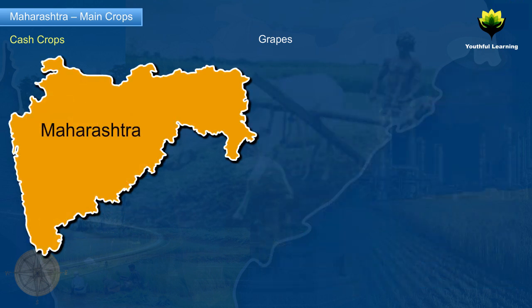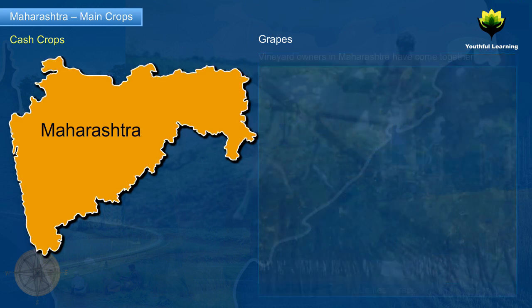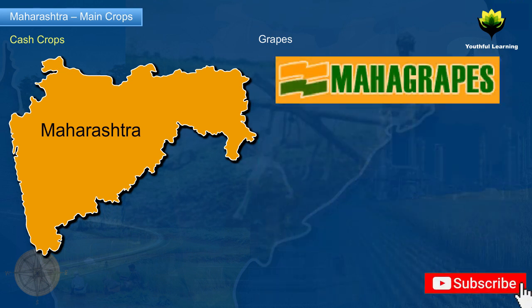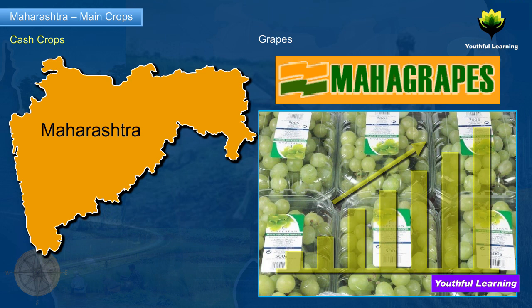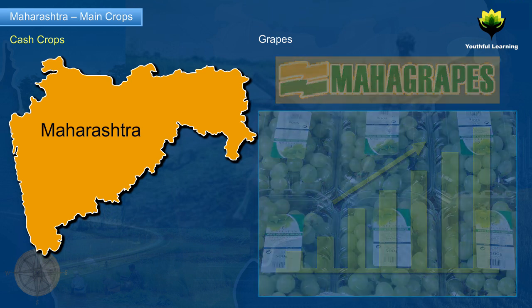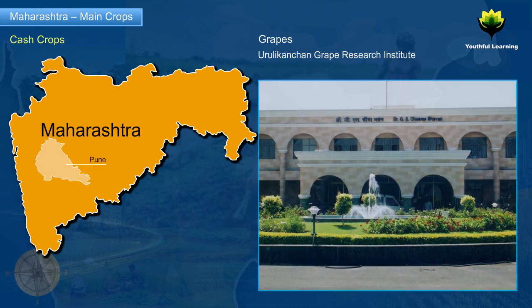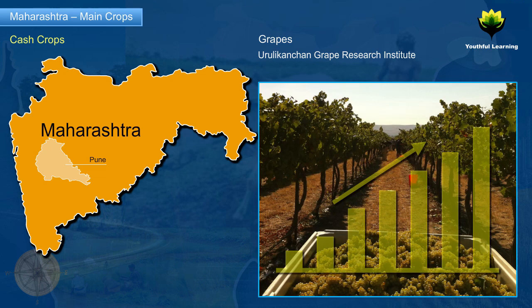The state is a major producer of seedless grapes. Vineyard owners in Maharashtra have come together and formed the Maha Grape Organization to increase the exports of grapes. Further, the Uruli Kanchan Grape Research Institute near Pune helps the grape producers to produce better varieties of grapes and to increase the yield of the crop.